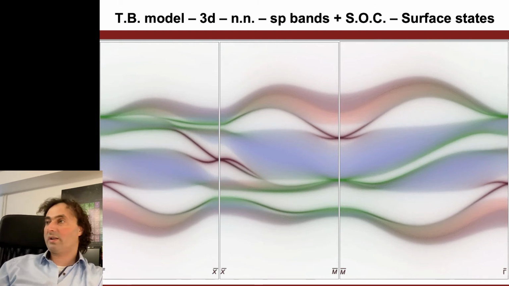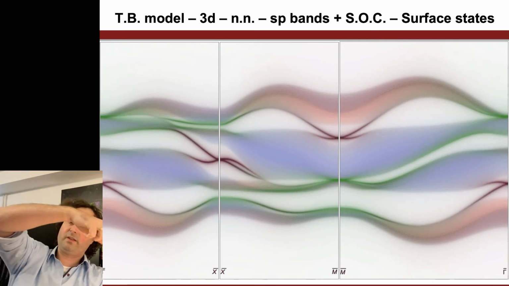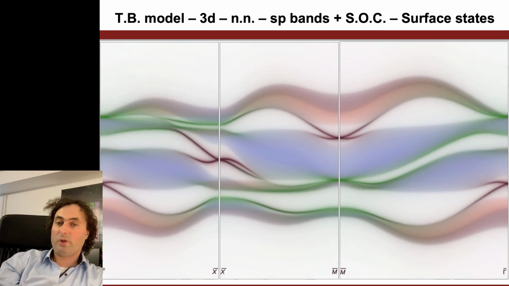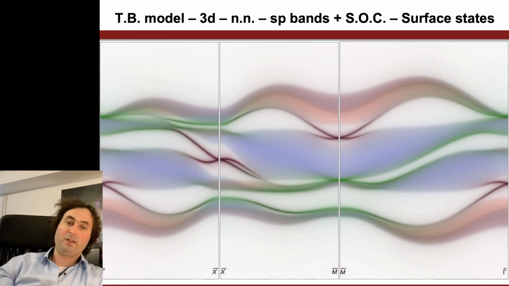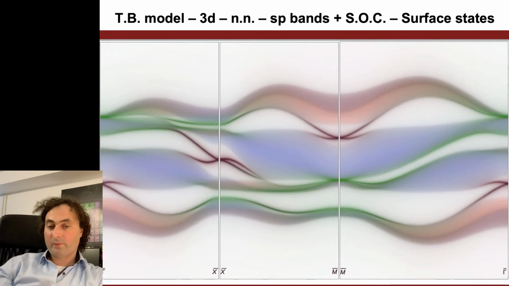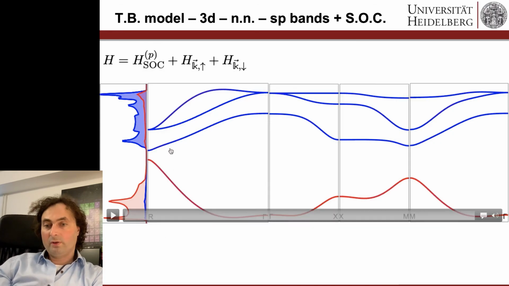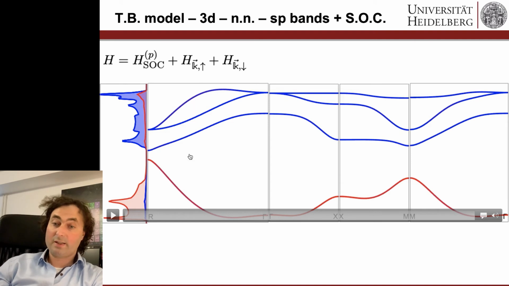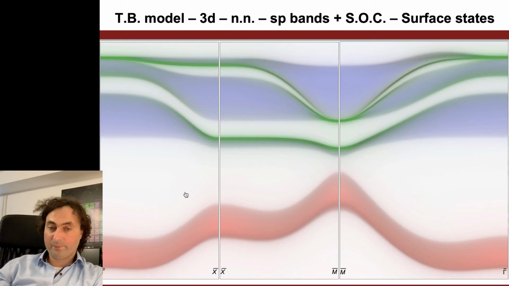So time inversion tells you that the state at k with spin up must be degenerate with the state at minus k with spin down, such that when you have both space and time inversion, you will have a degeneracy between spin up and spin down at each k value. So in the bulk, we see that although we have spin-orbit coupling and a Hilbert space of 8 states, we only have 4 bands, and each band is twofold degenerate.